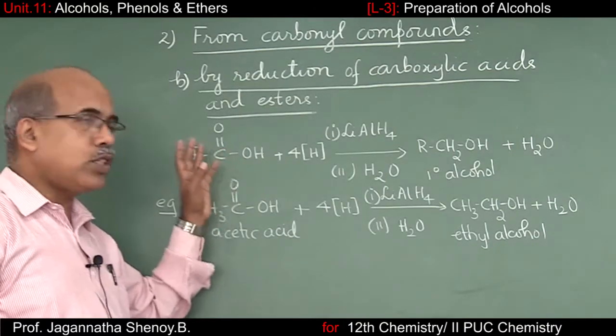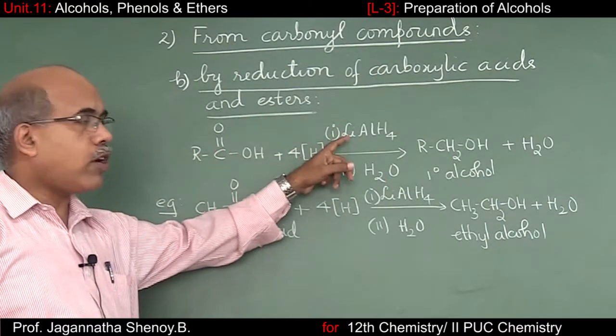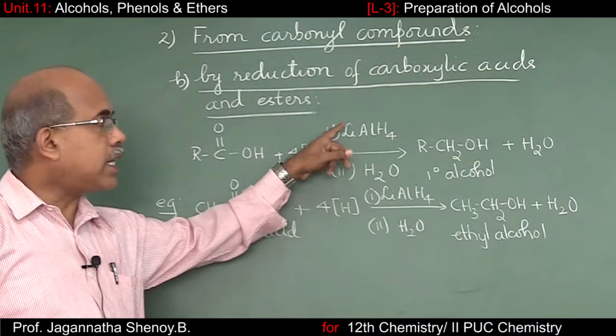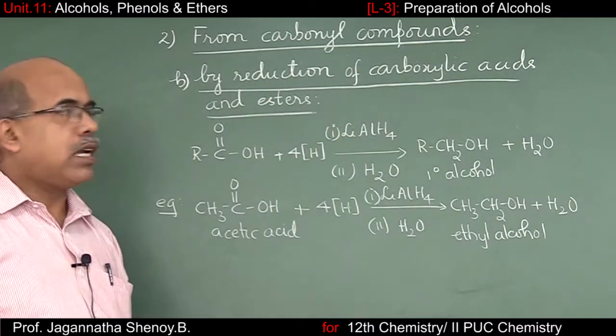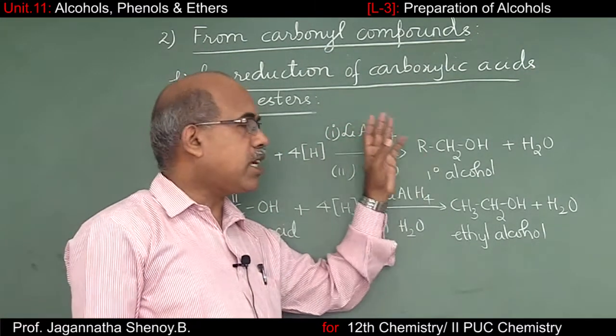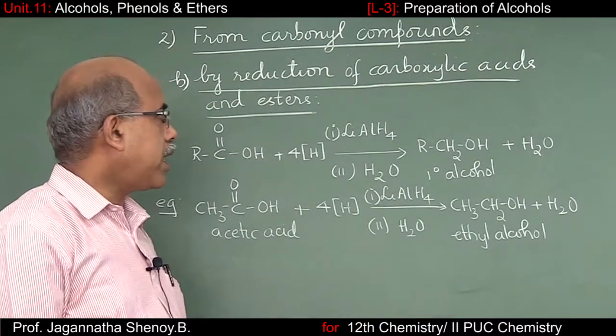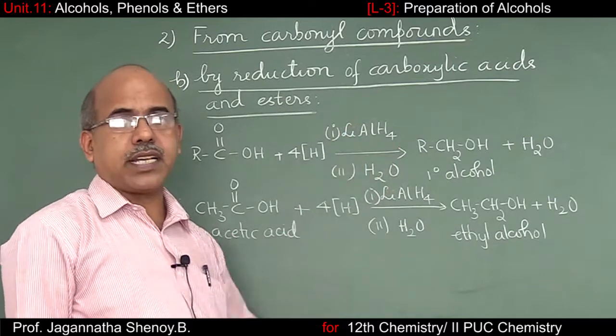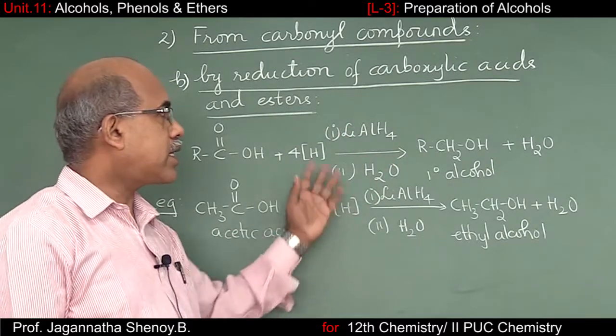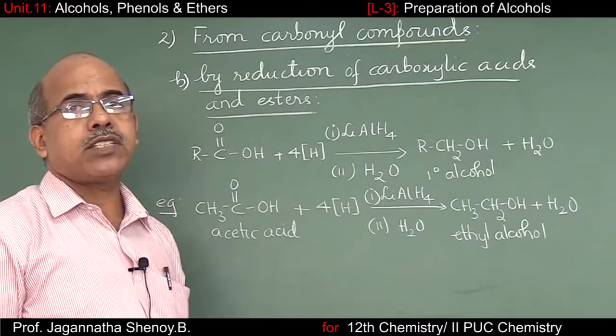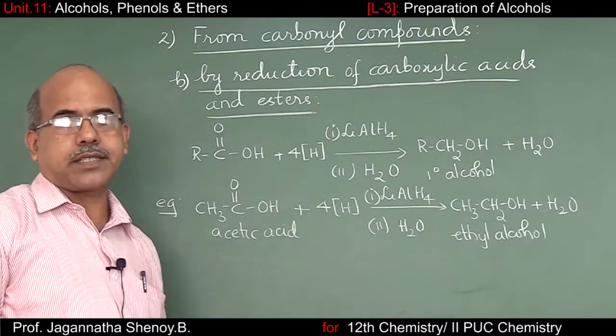If you still want to reduce it, I have to go for a very powerful reducing agent, lithium aluminum hydride. Advantage is this gives you excellent yield of primary alcohol. But the problem is lithium aluminum hydride is very expensive. That's why this can be used only in the preparation of specialty chemicals.